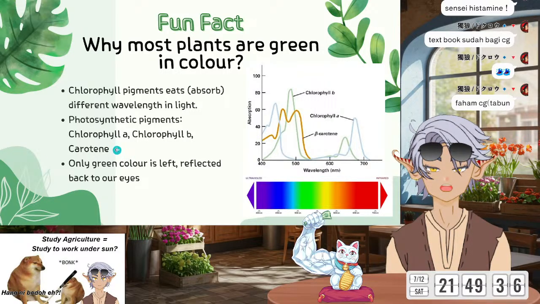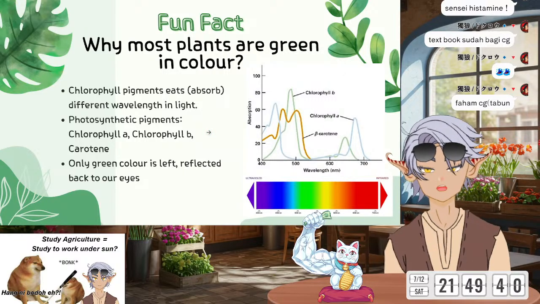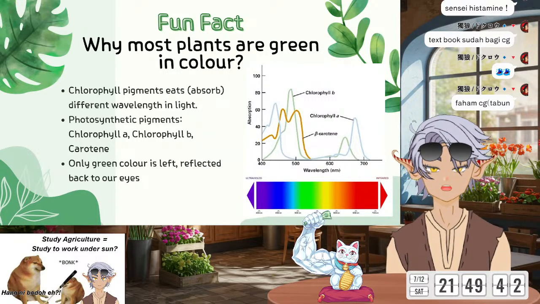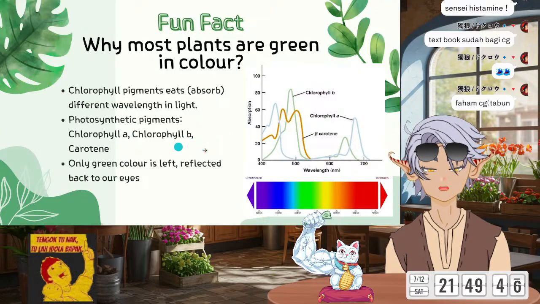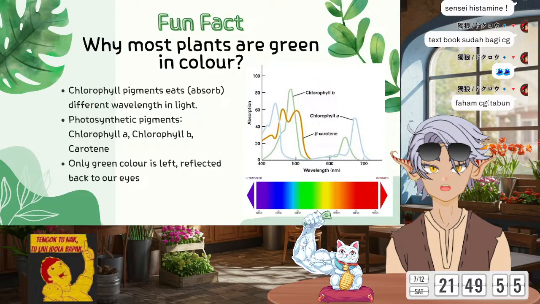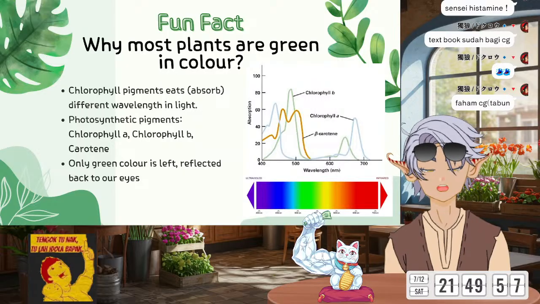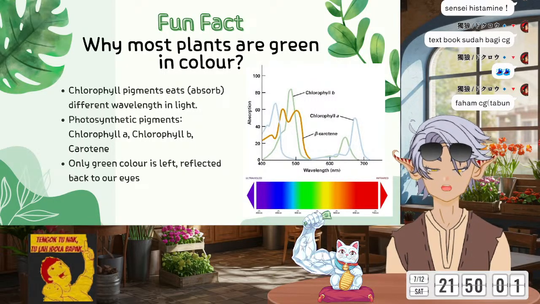These 3 are photosynthetic pigments in the chloroplast. Inside this there are 3 main photosynthetic pigments, whose function is to absorb light. Got it? Because this part is a key point.